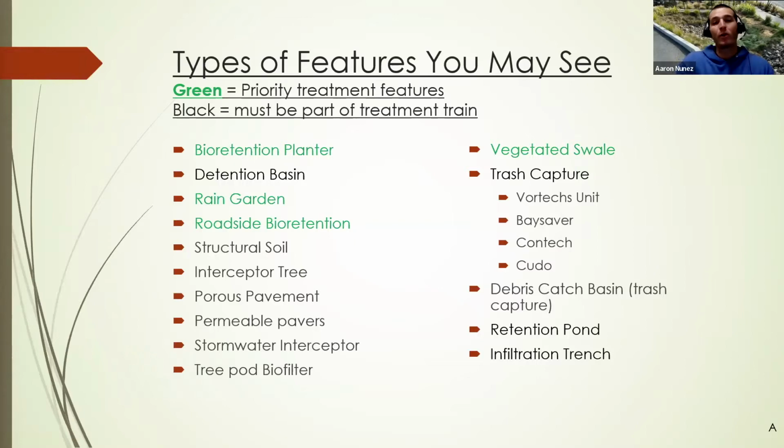The ones in black are part of what we call a treatment train. And again, we're going to get into treatment trains further down this presentation, but these are features that are not standalone, and they must be put together to create a train of stormwater treatment to then successfully treat and capture the water.